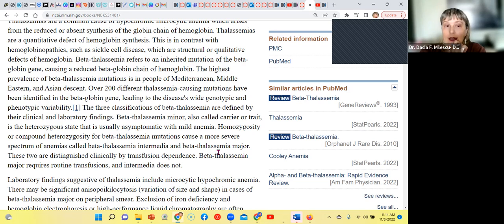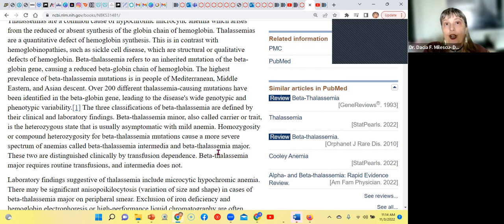Now, there are over 200 different thalassemia-causing mutations, and these mutations are found in that beta globin gene, and it leads to a wide genotypic variability, meaning there are a lot of gene mutations that lead ultimately to beta thalassemia.